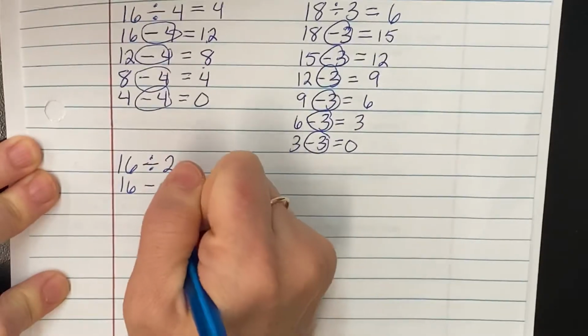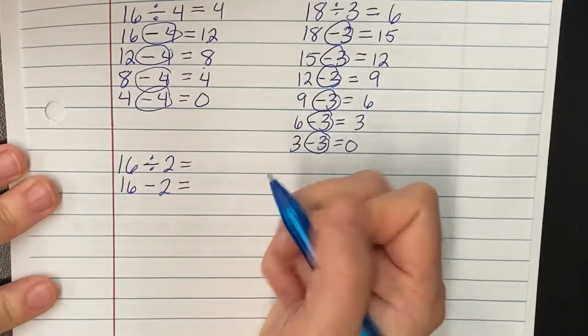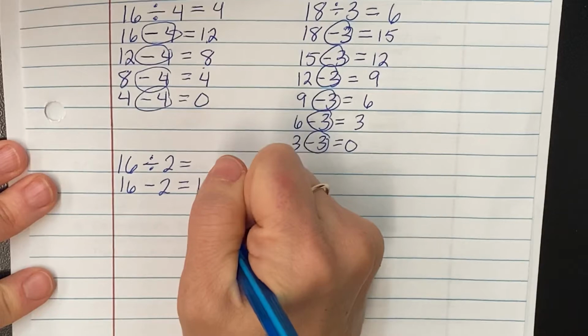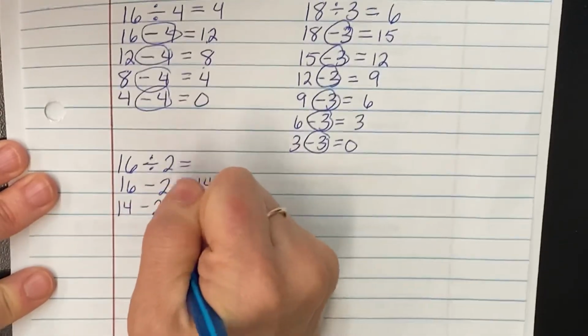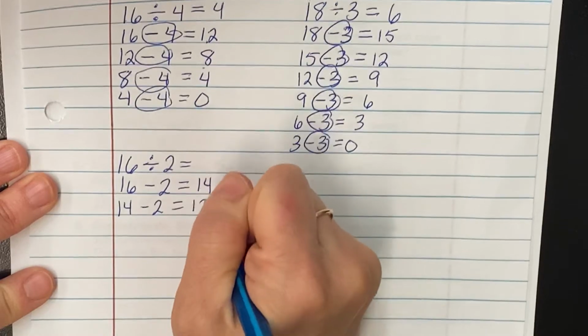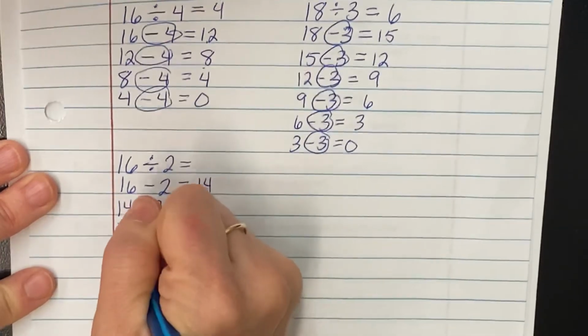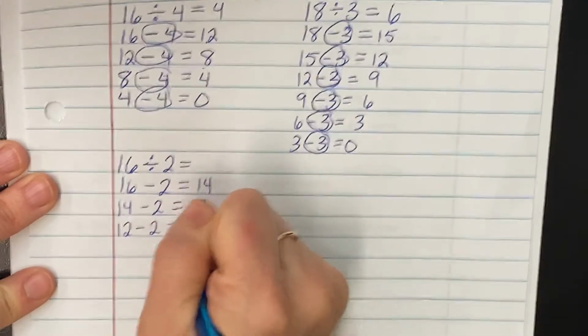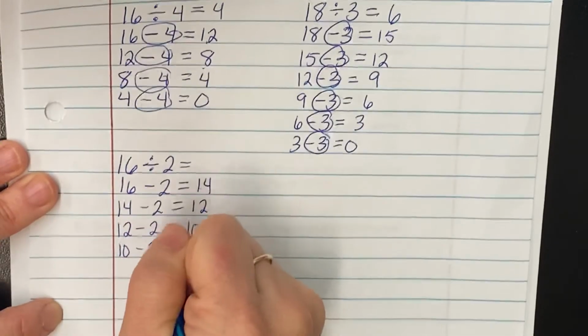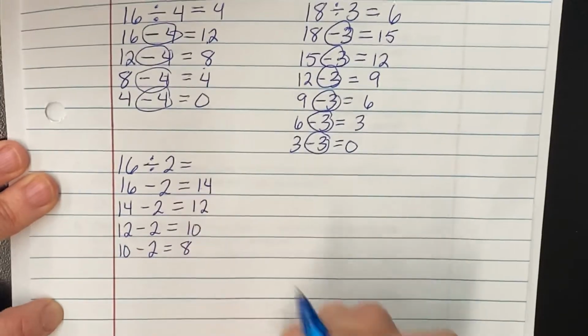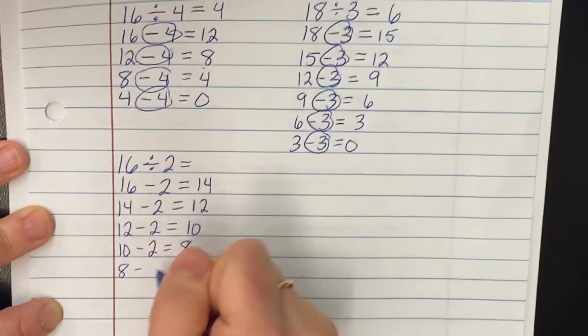Make that a subtraction problem. Okay, 16 minus 2 is 14. Bring down your 14. Minus 2 is 12. Bring down your 12. Subtract 2 is 10. Bring down your 10. Subtract 2. 8. Bring down your 8.